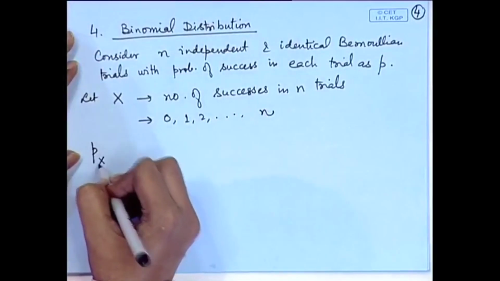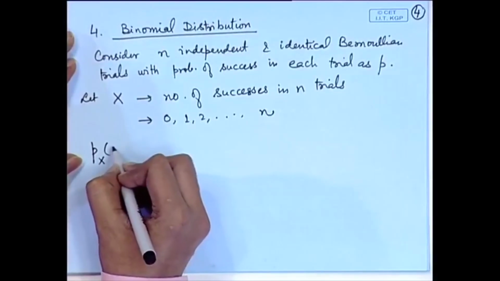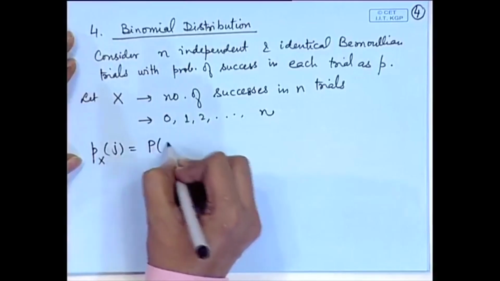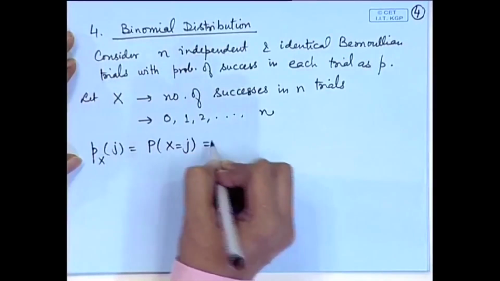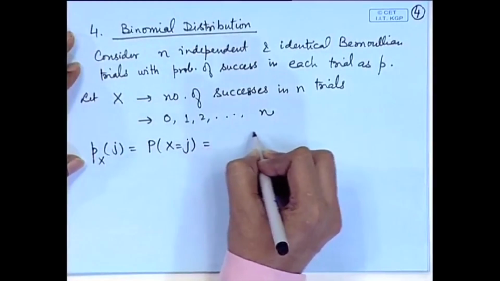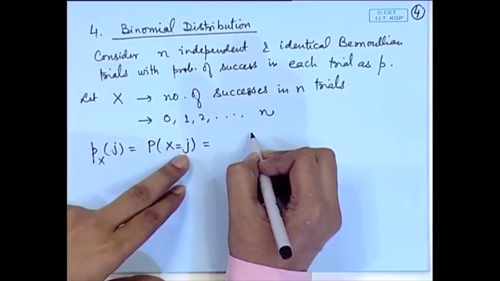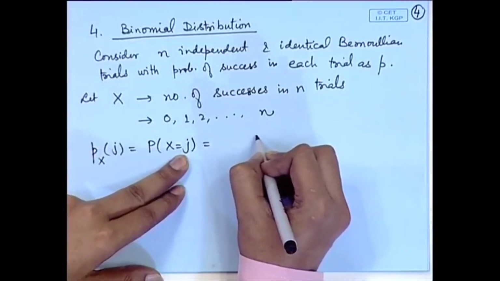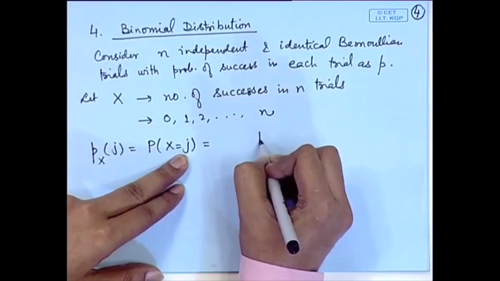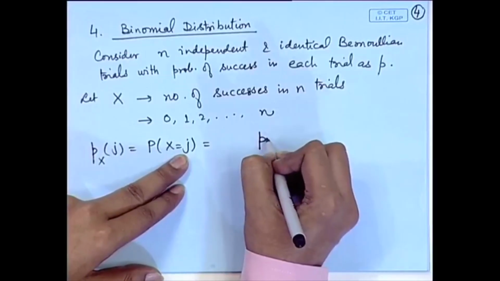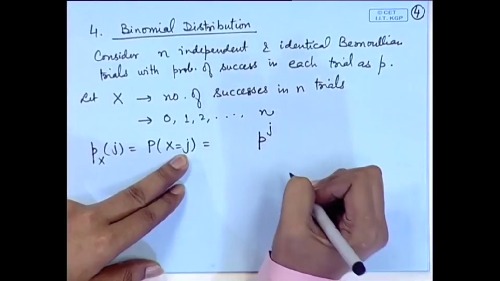What is the probability that x is equal to say j? If you have j successes, then in each trial the probability of success is p, so p into p, j times.